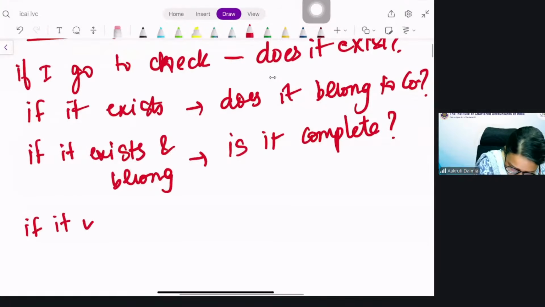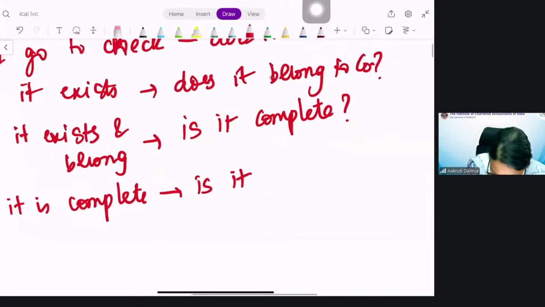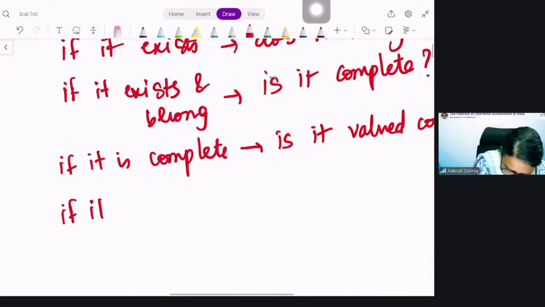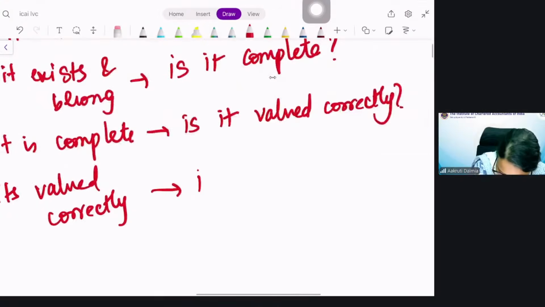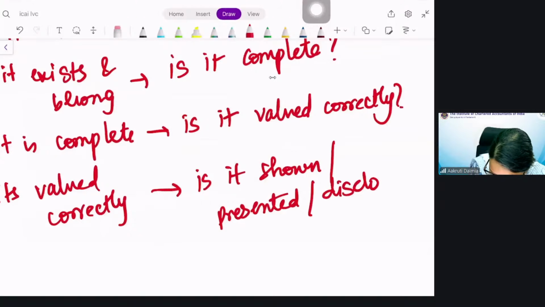If it is complete, is it valued correctly? If it's valued correctly, is it shown correctly, presented correctly, disclosed correctly?